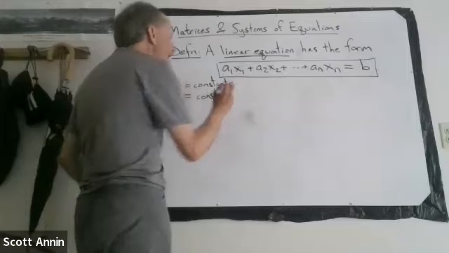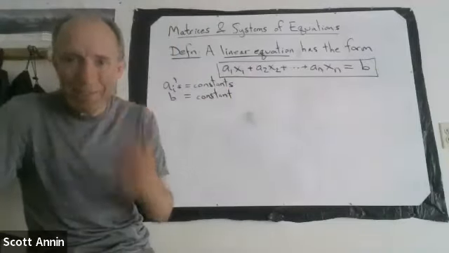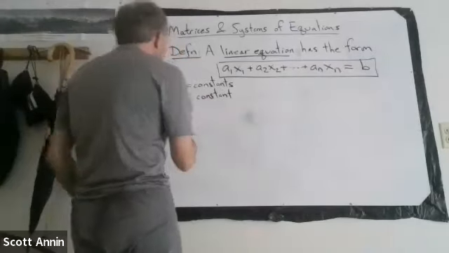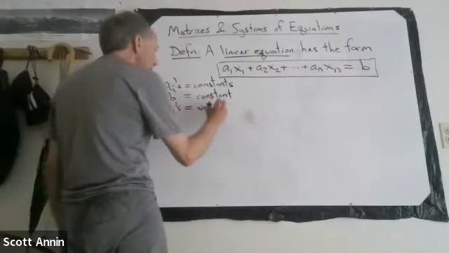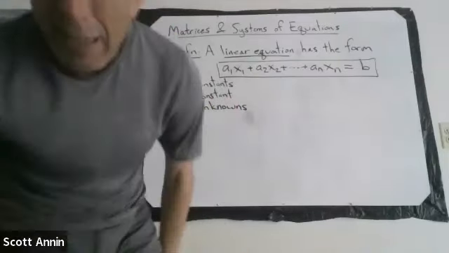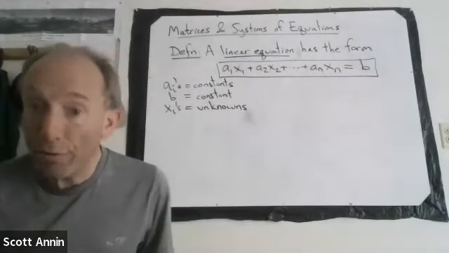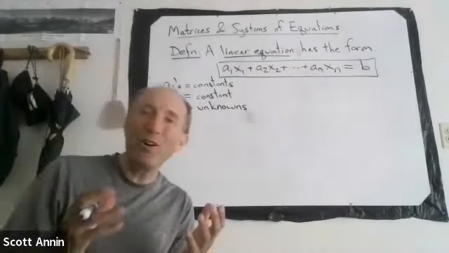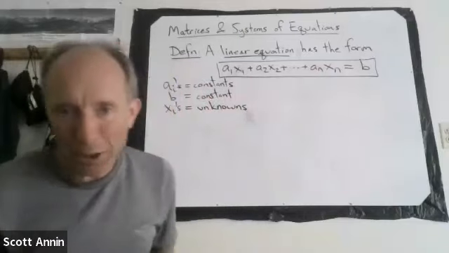So those are values that are given to us. Those are numbers that are fixed. And the unknowns in this system are these x sub i's. Those are what a mathematician would generally want to solve for. I would like to solve for the unknowns in this linear equation.